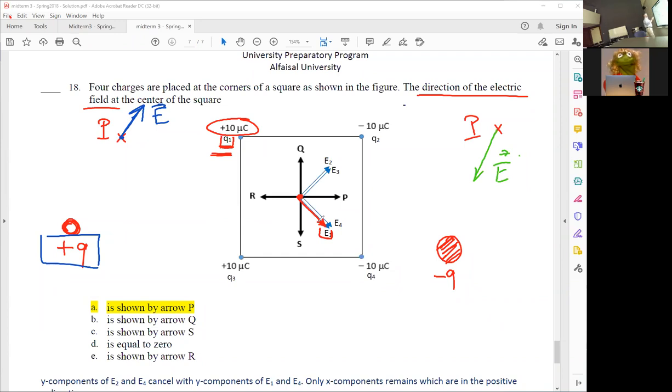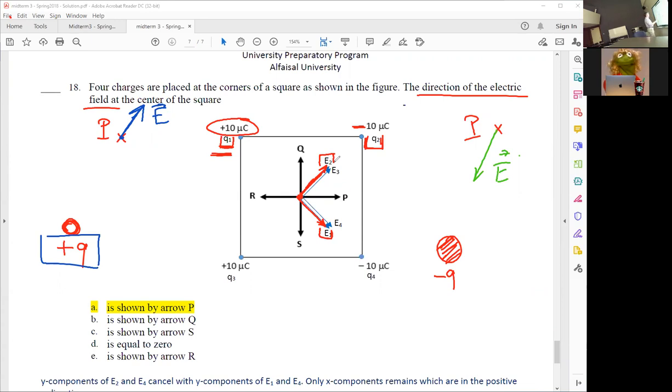Now, moving on to charge number 2. Charge 2 is a negative charge. A negative charge means the electric field is going inward towards the charge. So it will be this vector E2, pointing inward towards charge 2.